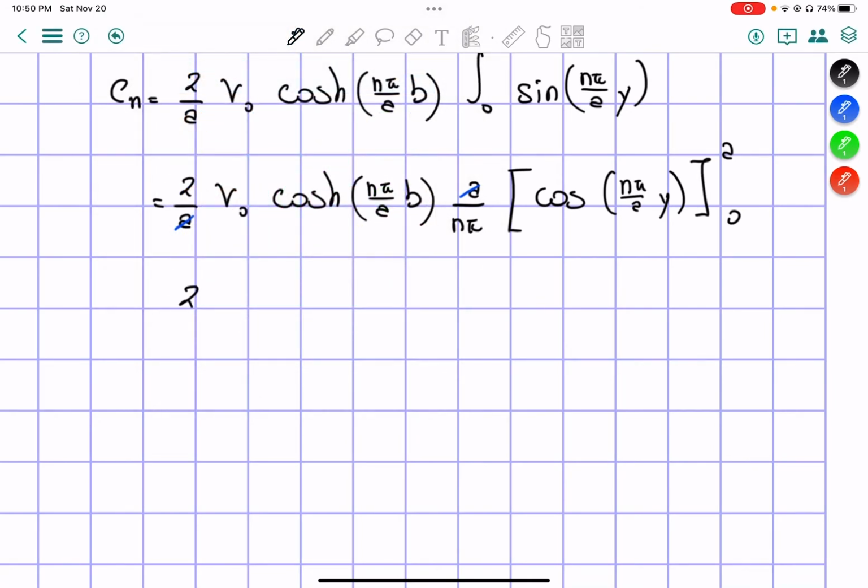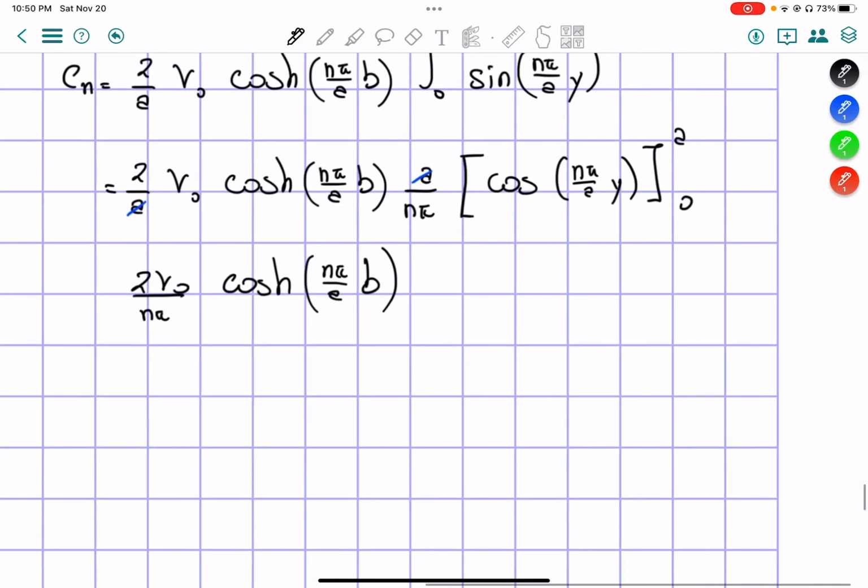We're going to have 2 b naught over n pi hyperbolic cosine of n pi over a times b, and the integral of this, which is going to be equal to cosine of n pi over a times a, minus cosine of n pi over a times 0.